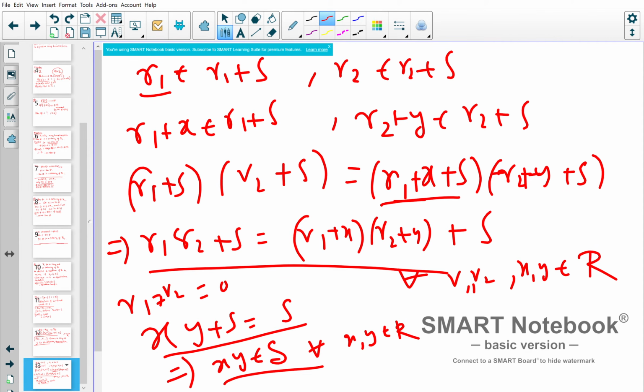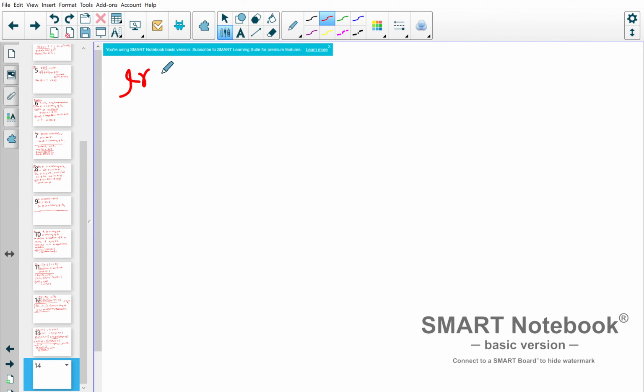And not only that, if R1 equals 0, then R2 is arbitrary.